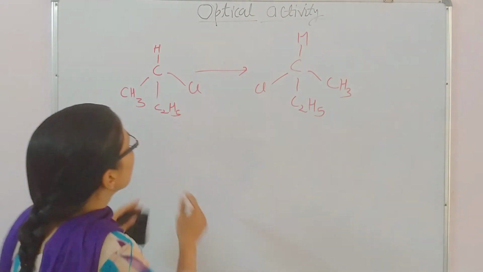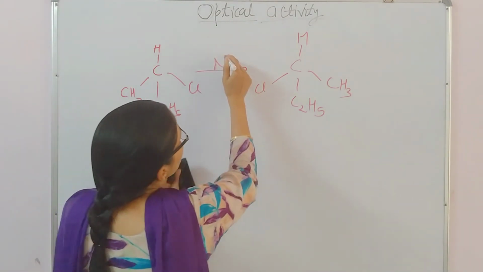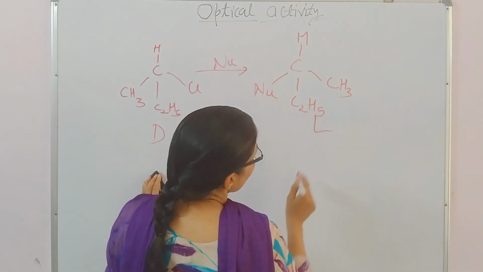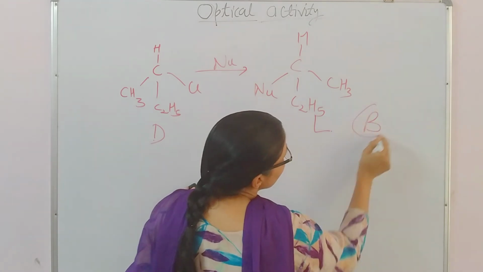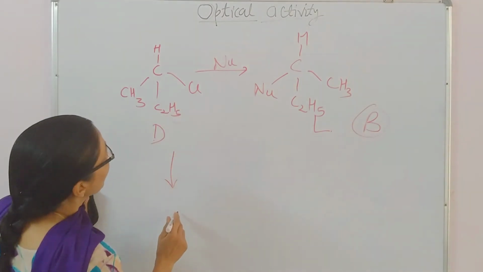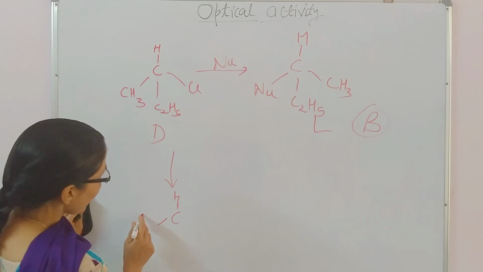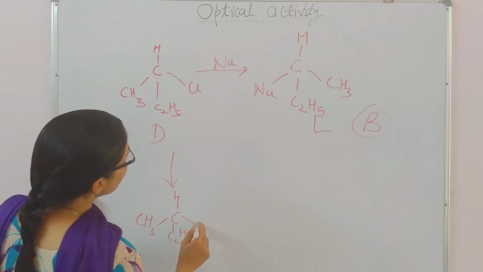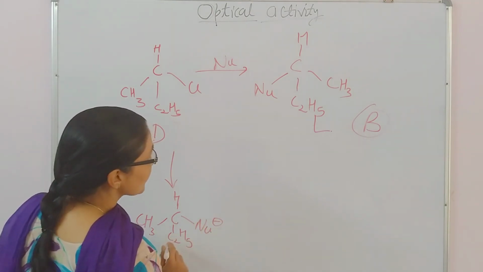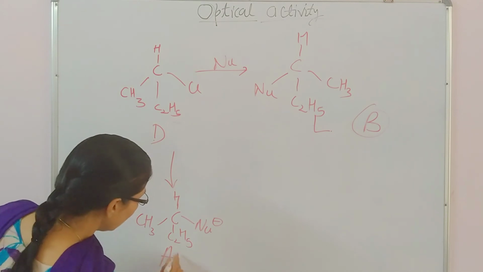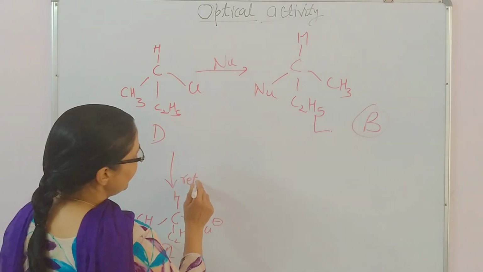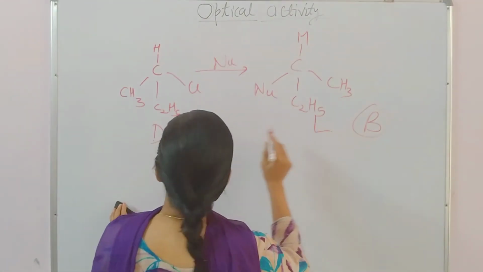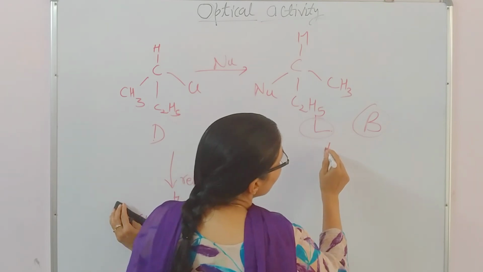You will see that if this one is dextrorotatory, then after nucleophilic substitution this one is levorotatory. Suppose this compound B is forming, and here I am getting the compound with CH, CH3, C2H5 and Nu minus. This is the process of getting compound A. This is known as retention. This is known as inversion.